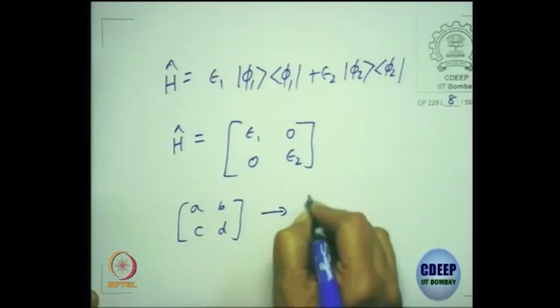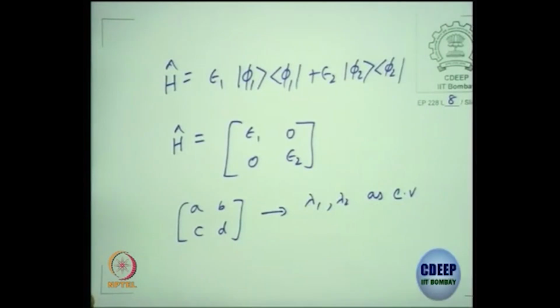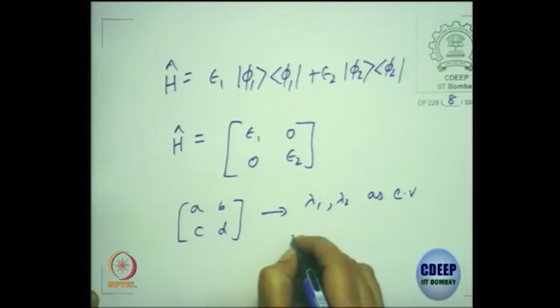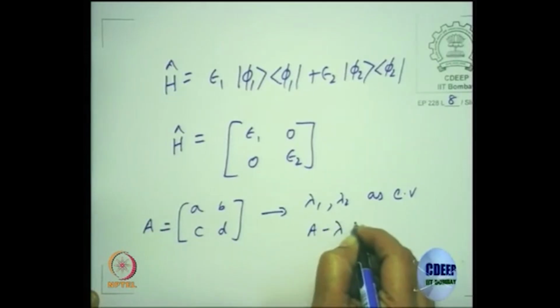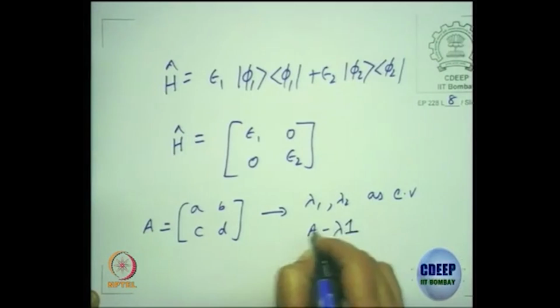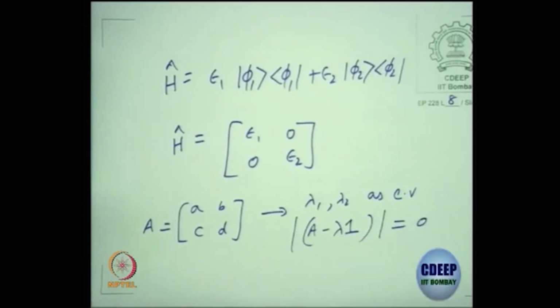So it will give you lambda 1 and lambda 2 as eigenvalues, which is given by this matrix A minus lambda I, determinant of that has to be 0. Then you solve this and you find the 2 eigenvalues. And once you know the eigenvalues, you know how to find the eigenvectors.